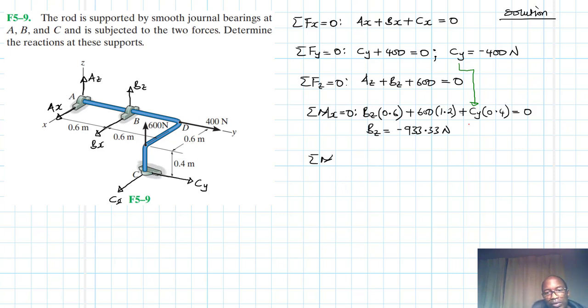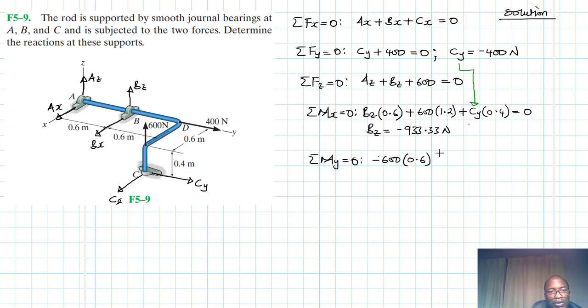Then we have summation of moments about the y-axis equal to 0. About the y-axis, AZ, AX, BZ, BX and 400 do not participate. The only ones that will participate are 600 and CX. Using the right hand thumb rule, 600 will cause a negative moment, so we have minus 600 times the lever arm, which is 0.6.